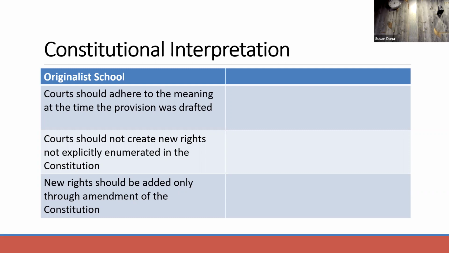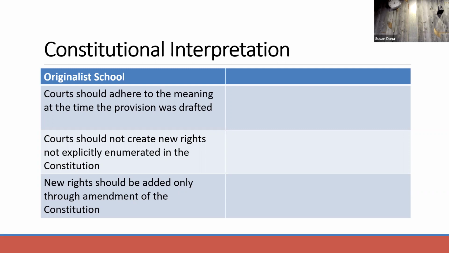basically says that you should look at the text of the Constitution. And if that tells you whether a certain right is there or not, we're done. Like due process, clearly in the Constitution, obviously it's there. If it's not obvious, then you look at what was intended at the time the constitutional provision was written. So that would be 1790.